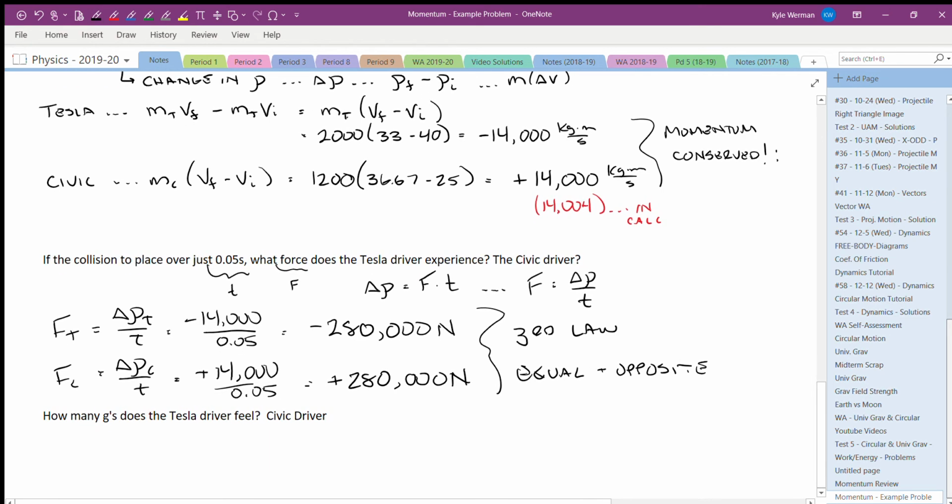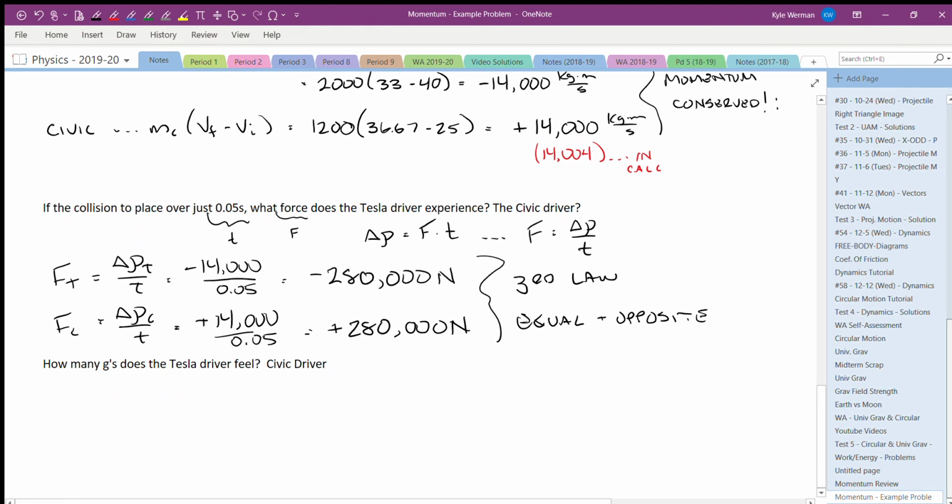Lastly, let's look at G's. This is just to kind of connect to something we already know. G's is sometimes referred to as a G-force. Sometimes it's an acceleration. So really what I want to know is what is the acceleration of the Tesla? Well, that's going to be equal to, well, F equals m times a.